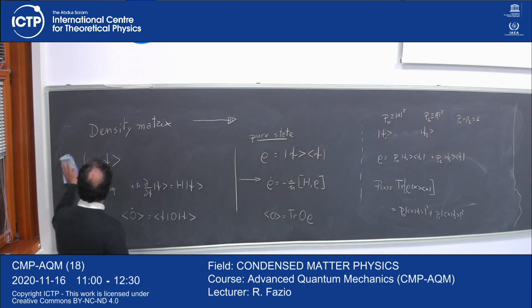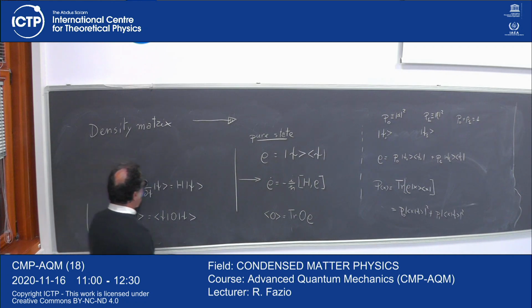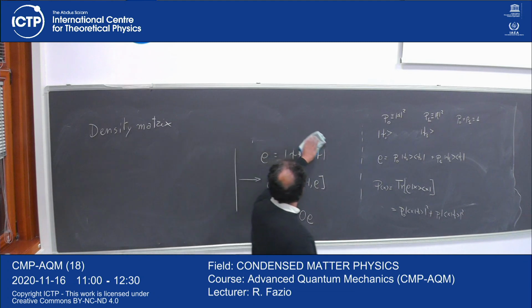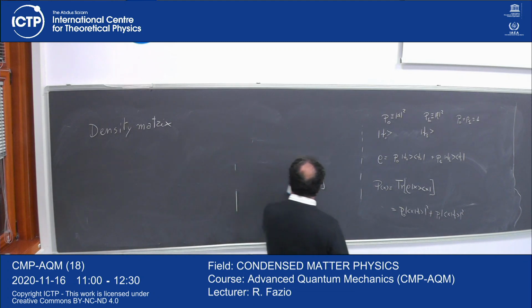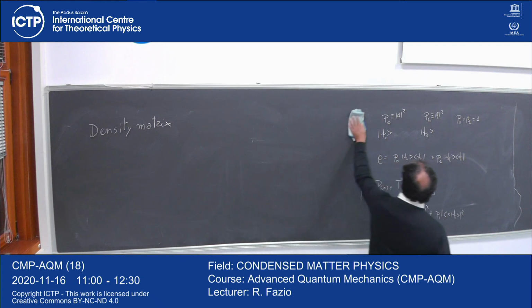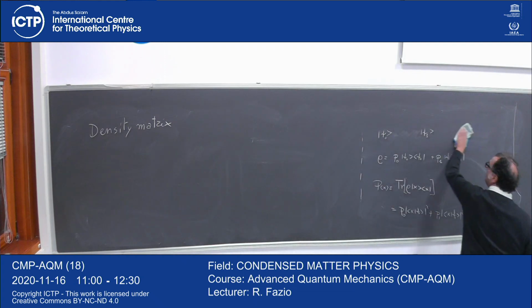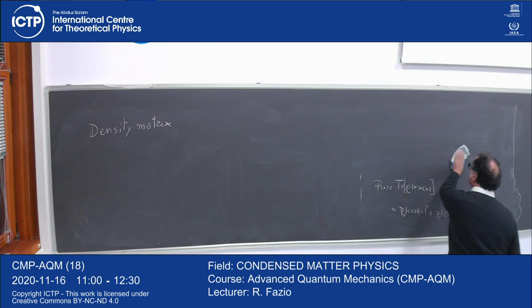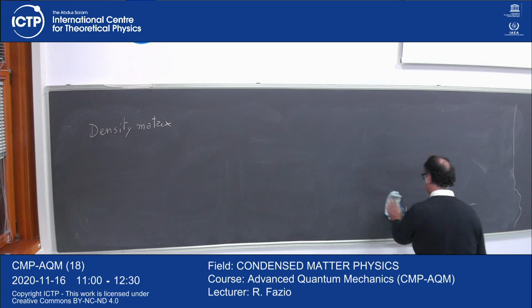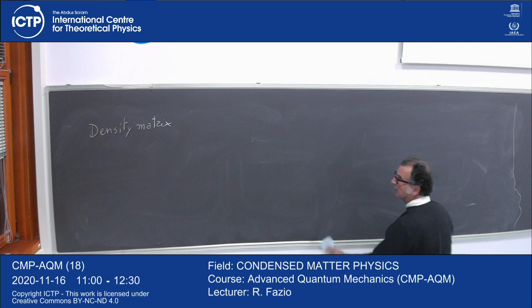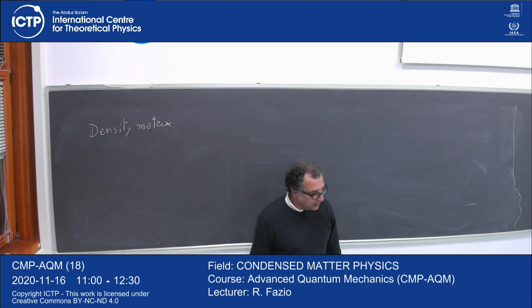Now, a wave function is a vector in the Hilbert space. We saw that a density matrix is an operator in the Hilbert space.